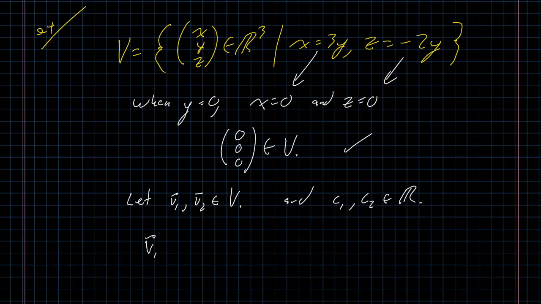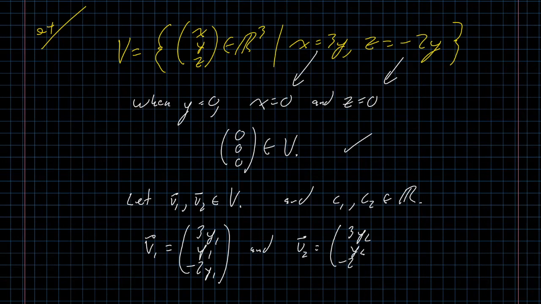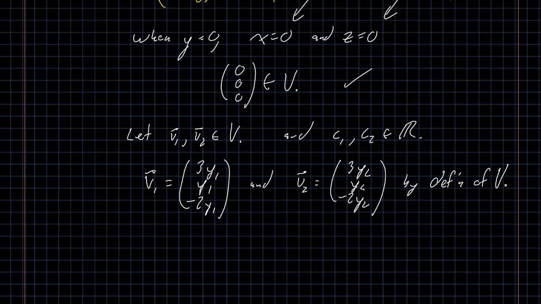The easiest way to write that is that v1 is the vector 3y1, y1, negative 2y1. And likewise, v2 is 3y2, y2, negative 2y2. All right, now mark down that I can do that by definition of set V. It is the definition of this vector space that allows me to achieve that.